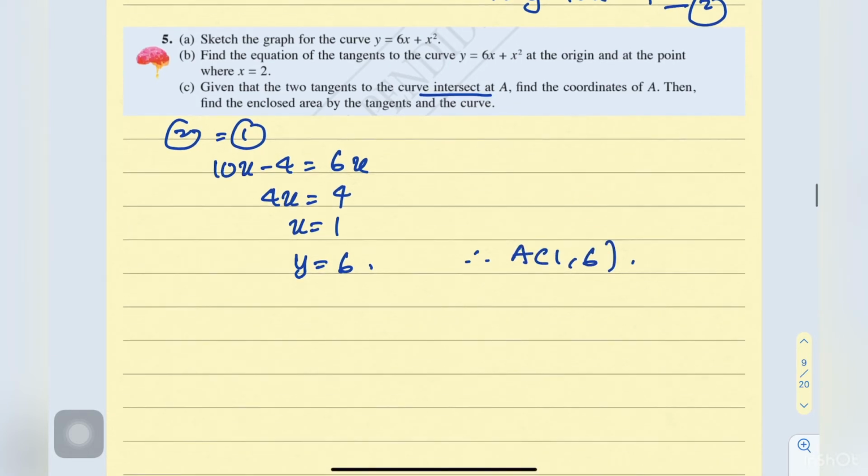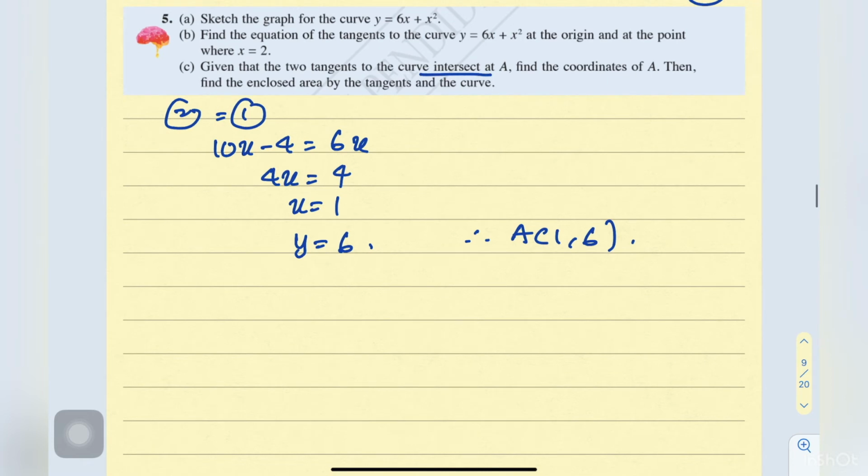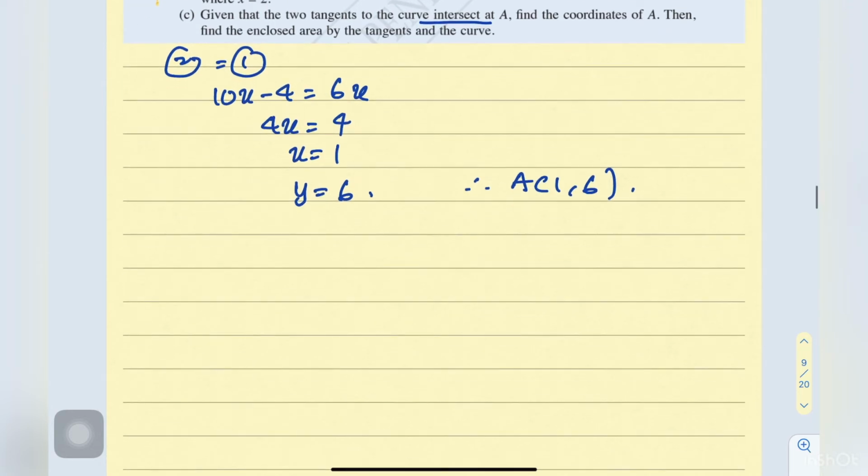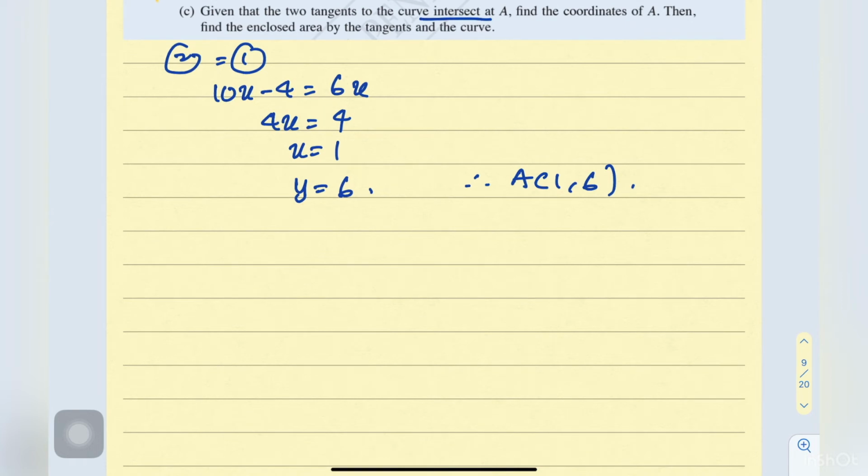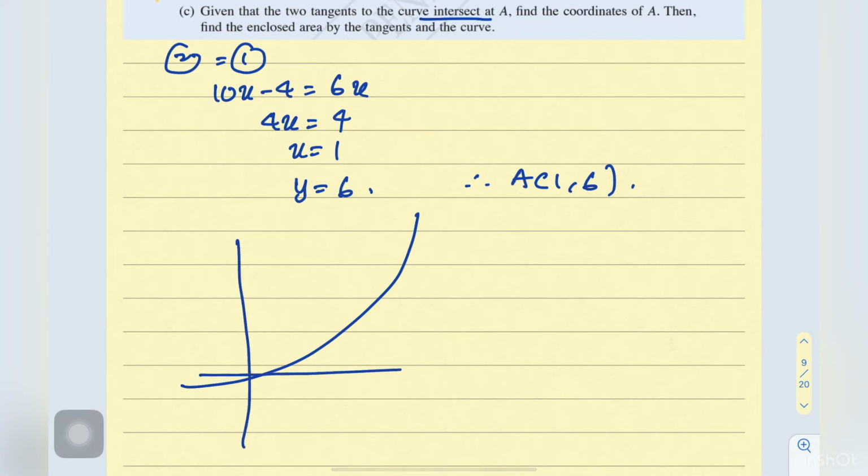So to find the enclosed area by the tangent and the curve, you have to redraw the situation. Let's say this is the curve, this is the x-axis, y-axis.